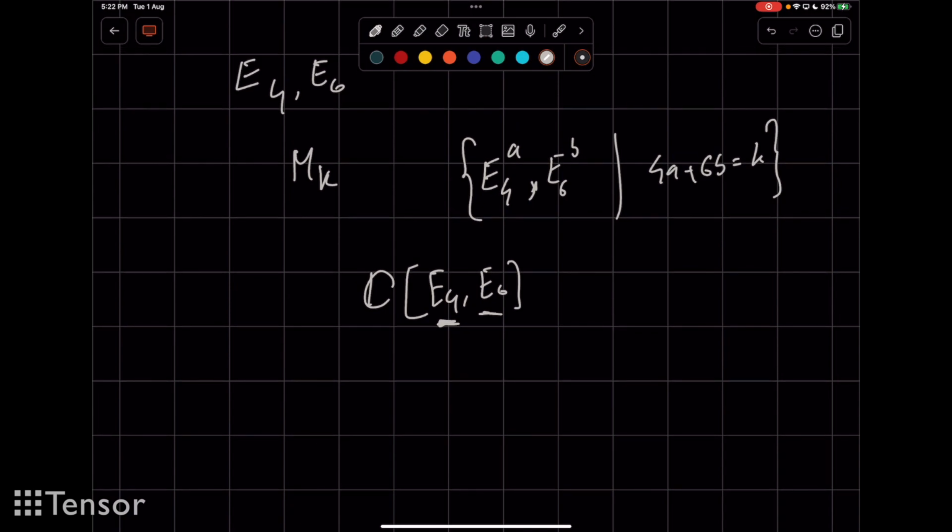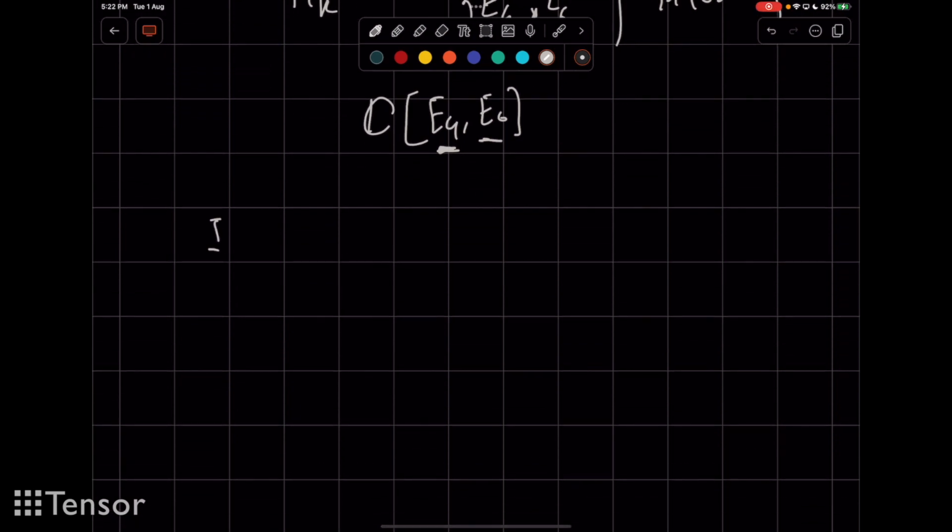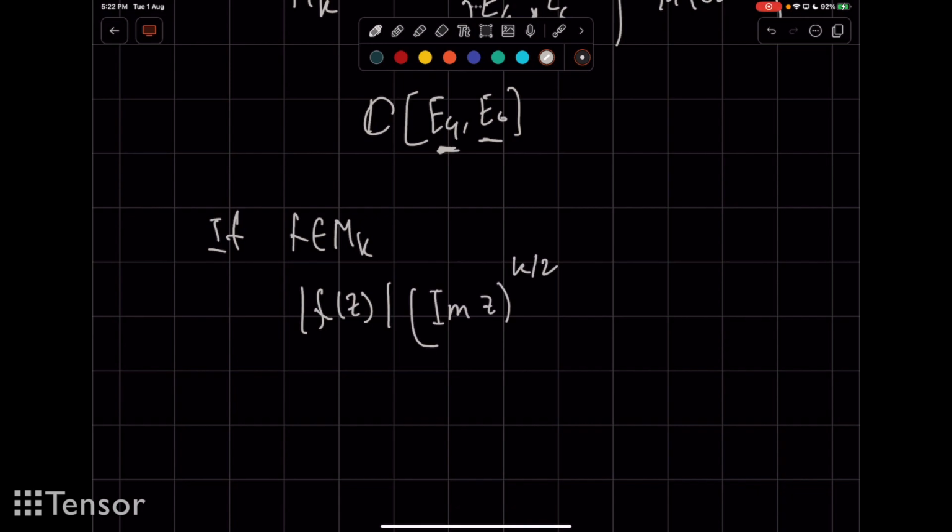Also, if we remember, a couple of lectures earlier I think we proved that if f is a modular form of weight k, then the function |f(z)| times the imaginary part of z raised to the power k over 2 is an SL2(Z) invariant function.